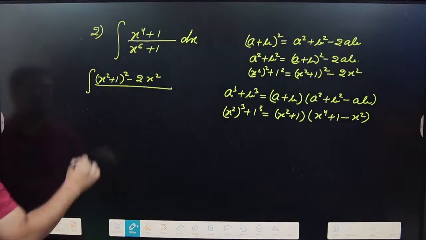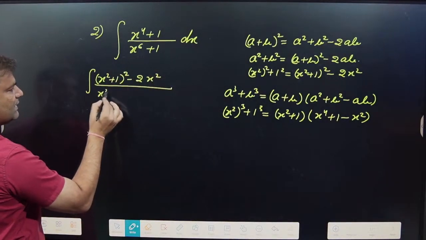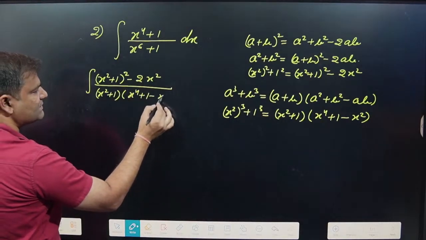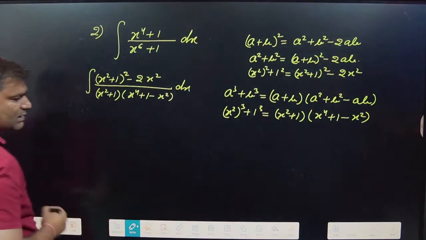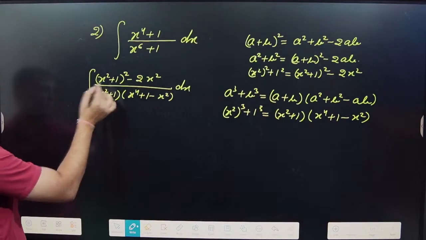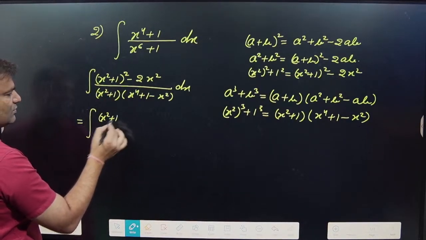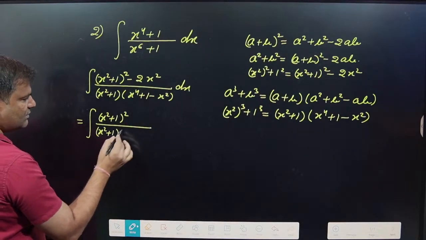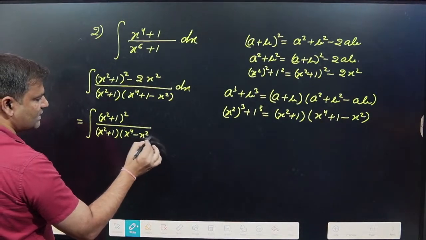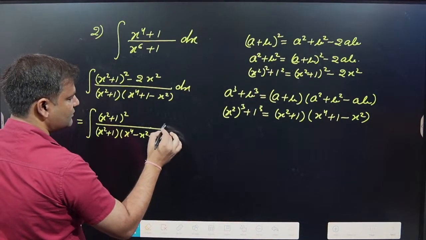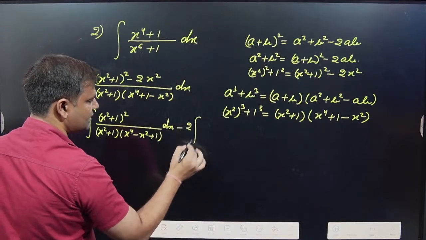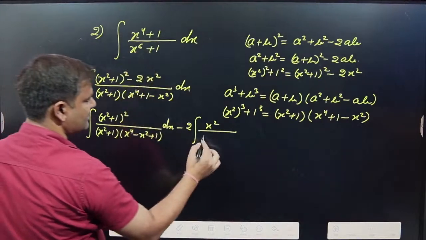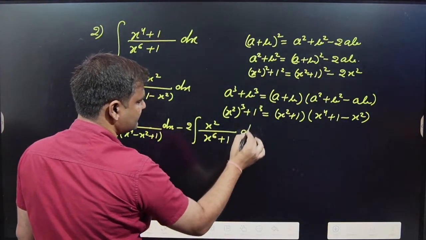That value is replaced here: x square plus 1 into x to power 4 plus 1 minus x square into dx. Look very carefully: x square plus 1 to the whole square divided by x square plus 1 into x to power 4 minus x square plus 1 into dx, minus 2 into x square divided by x to power 6 plus 1 into dx.